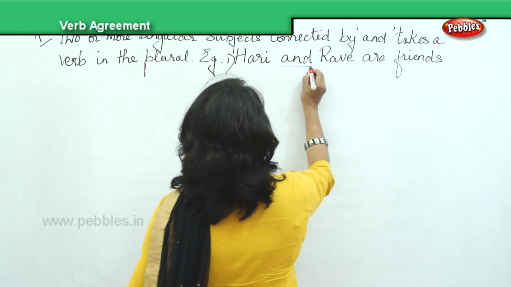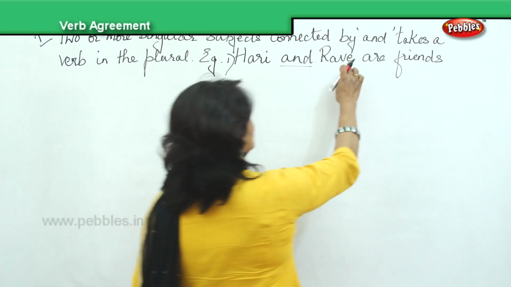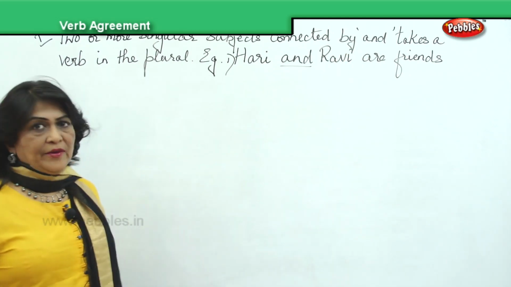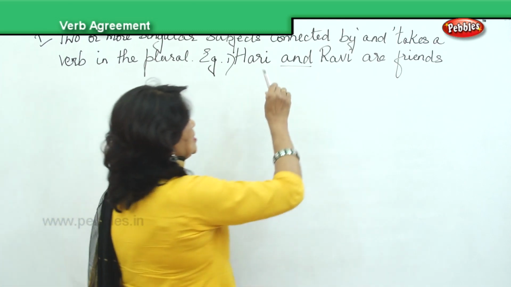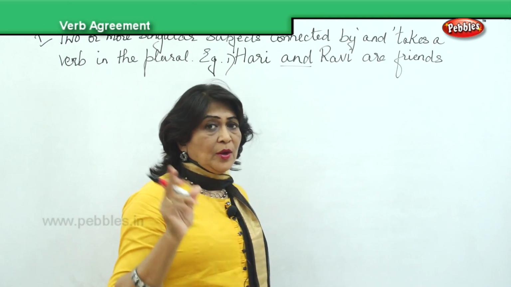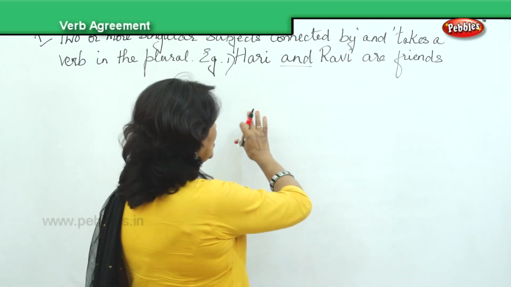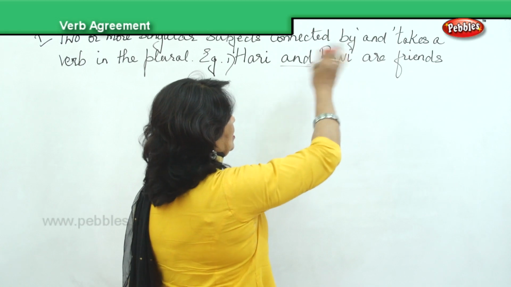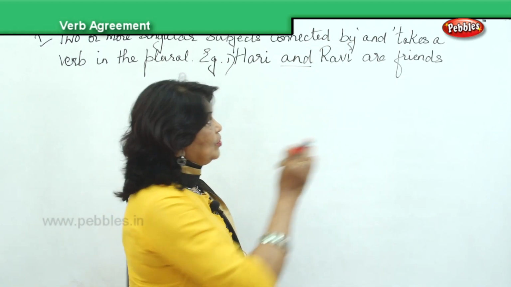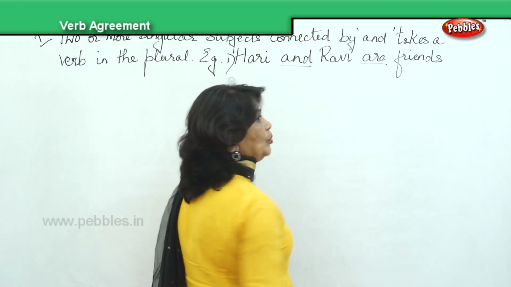It is connected by and, there are two subjects. Hari and Ravi are friends. Now, if I say Hari is my friend, we talk only about one subject. Hari and Ravi, when two subjects are connected by and, we use the verb in the plural.